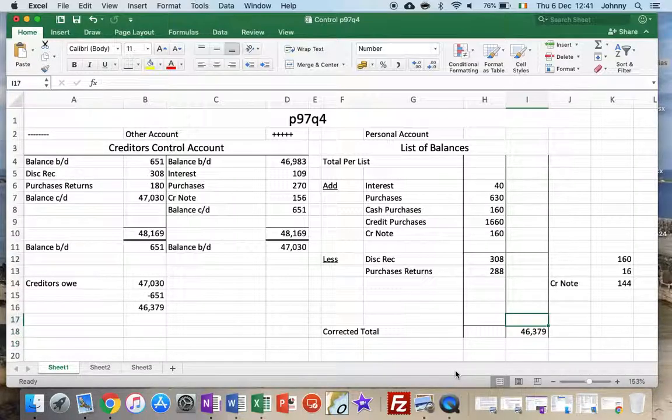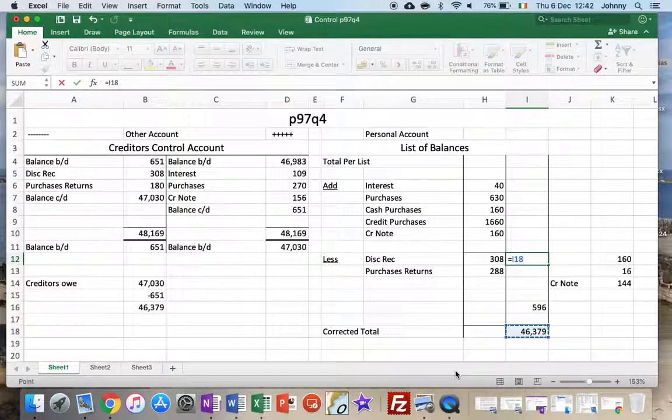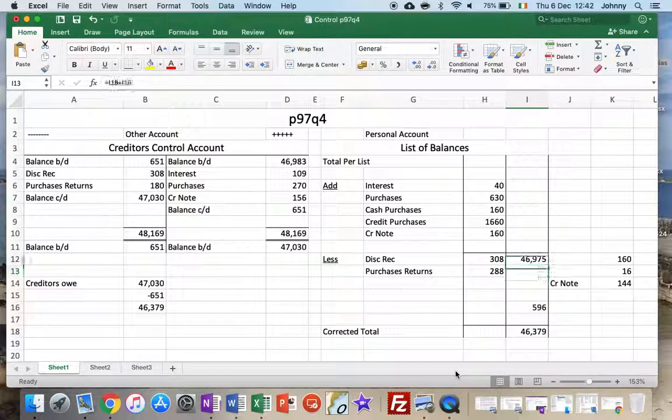So I'm going to work backwards. So I'll add those two lesses. So I'll have X minus that equals the correct total, so working backwards. I have this number, and I'll add my lesses, the 596, and that'll give me the figure I should have had.